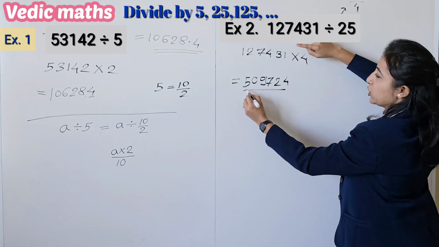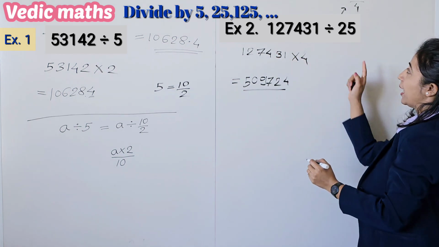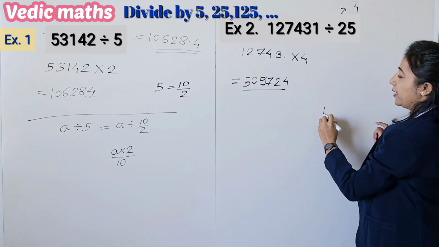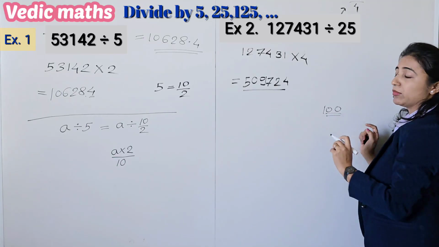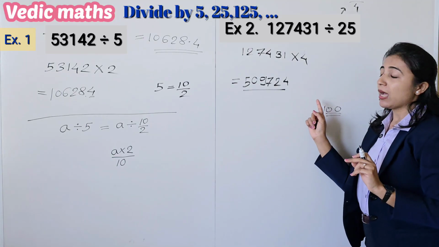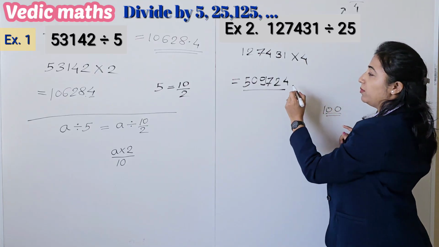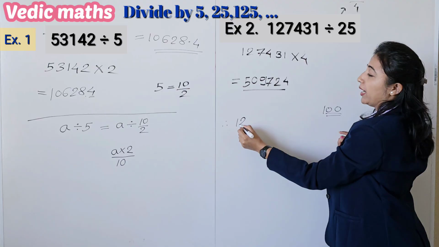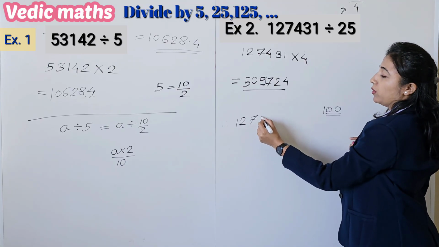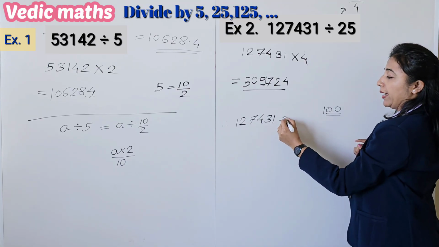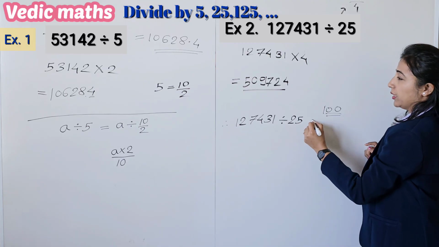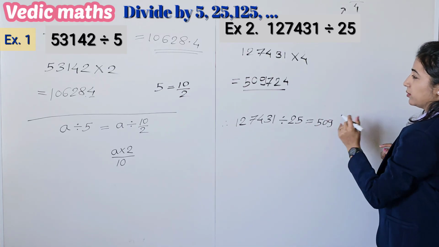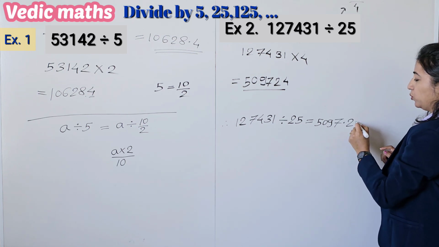So this is the multiplication of this number with 4, and because 25 is 100 divided by 4, and 100 contains 2 zeros, you have to put the decimal point after 2 digits from the right side. So the final answer of our question, if we divide 127431 by 25, is 5097.24.